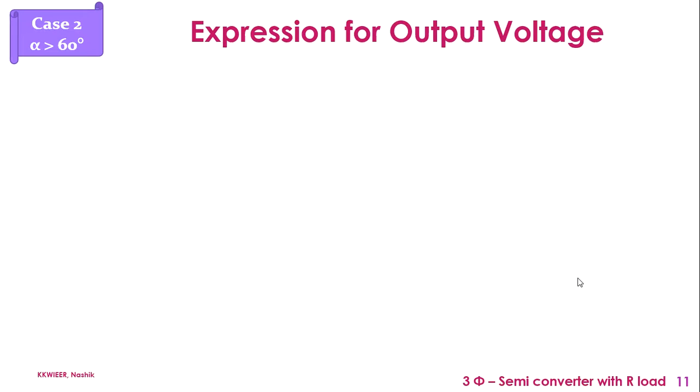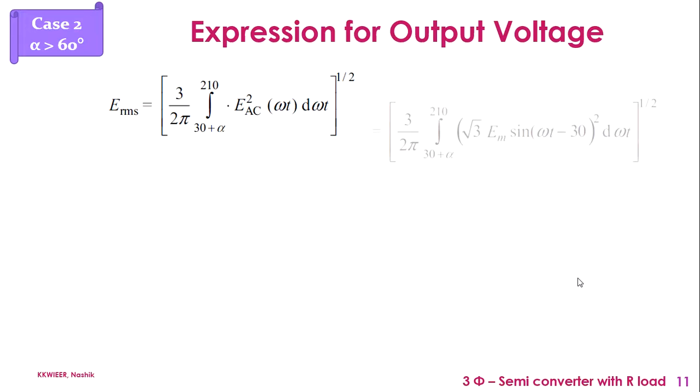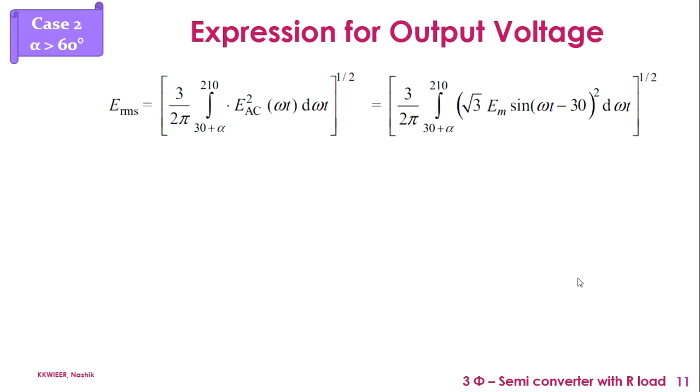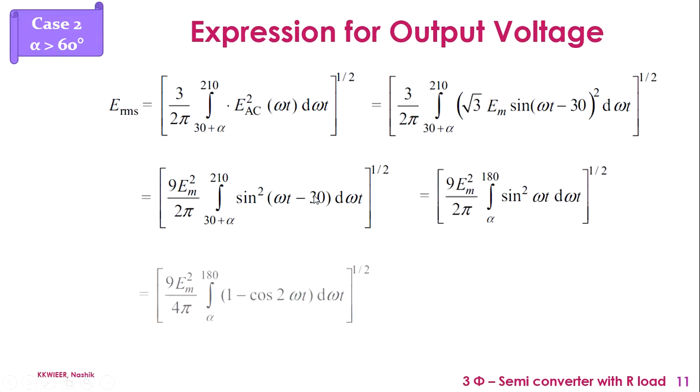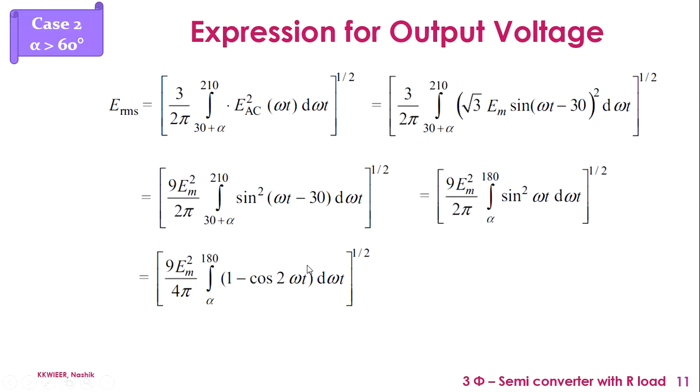Now for the second case, α greater than 60 degree, the RMS output voltage is given by this. Here the line voltage EAC, the value is substituted, that is √3 Em sin(ωt − 30). Squaring this inside bracket term, we will get this. The √3 square is 3, which is taken outside, so 3 into 3, 9. Now again sin²θ is nothing but (1 − cos 2θ)/2.